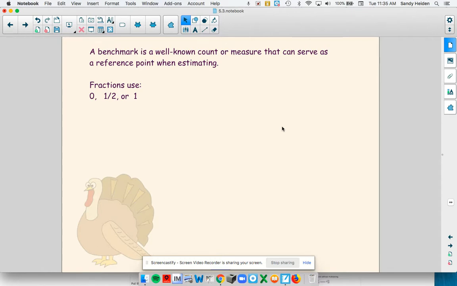So a benchmark fraction is a well-known count or measure that can serve as a reference point when estimating. So the book was going to have you practice, are the numbers closer to 0, 1/2, or 1?